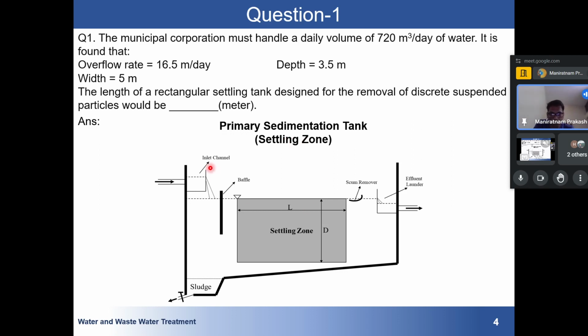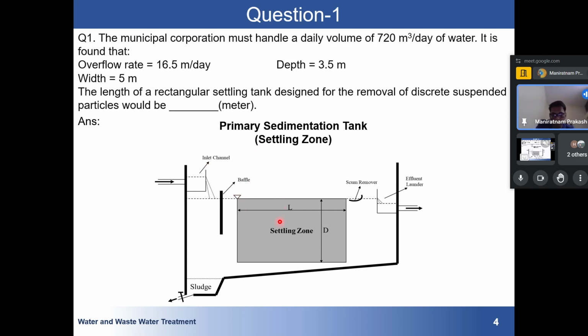So our main aim is to understand any design that is already established, or to design a new treatment plant, water treatment plant.